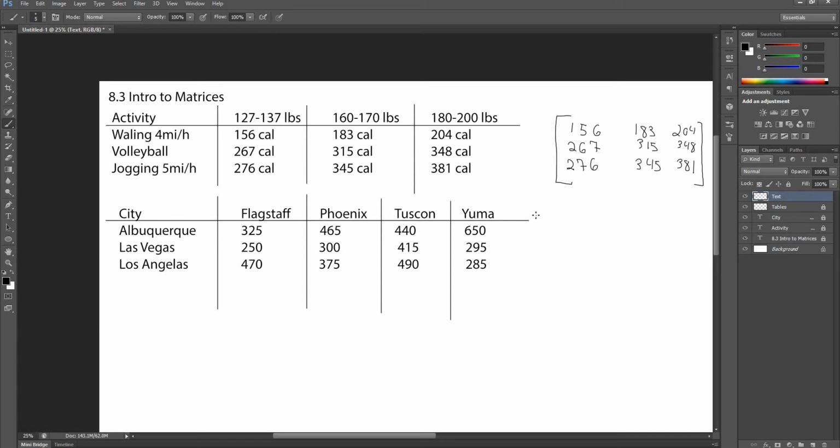For our second data set, I'm going to wait to draw my hard bracket. So starting at row 1, we have 325, then 465, then 440, then 650.